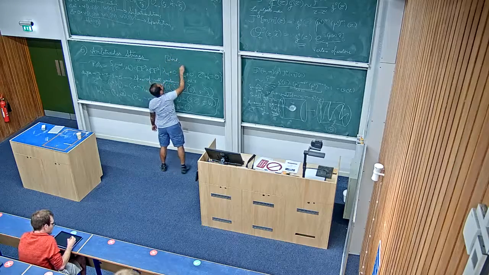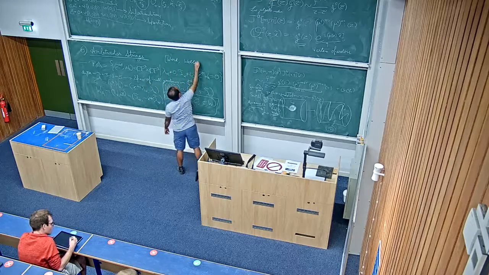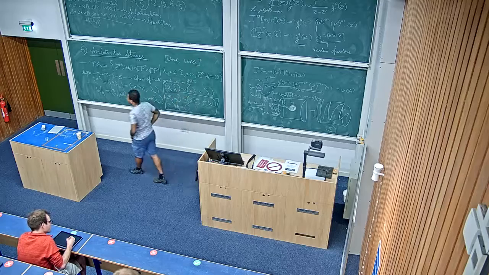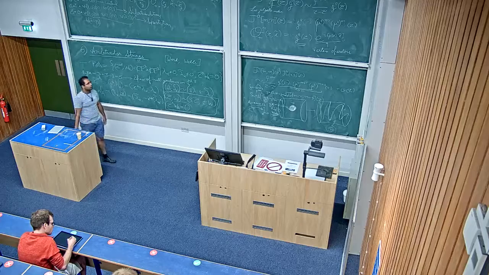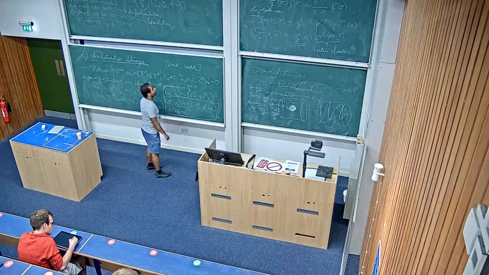You can check out older books on twistor theory like Ward and Wells. They have a beautiful book called Twistor Geometry something. Or you can check out a review by Tim Adamo.